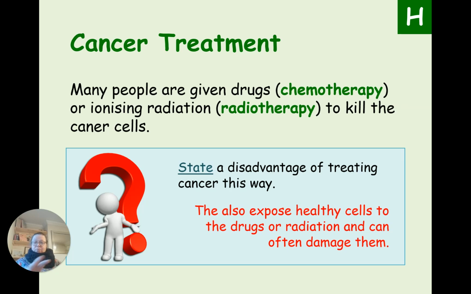Okay, so just general chemotherapy. We're not talking about monoclonal antibodies now. We're just talking about general chemotherapy or general radiotherapy. It goes through the whole of the body. So not only is it destroying cancer cells, it's also destroying healthy cells in the process. So this is where we can use monoclonal antibodies, like in the last slide, to actually target the cancer cells. So that's the only thing that's treated.